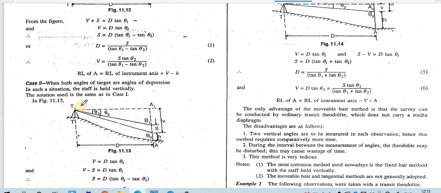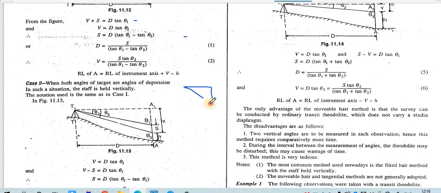So over here, firstly you will have to calculate the first angle. First we'll consider the bigger triangle. This is theta 2.